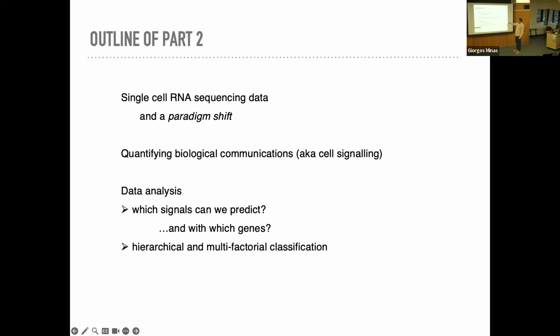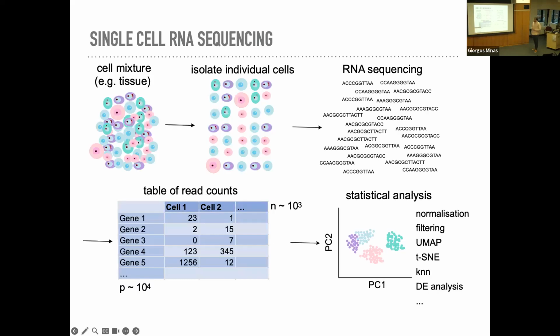How do we use them to quantify biological communications or signaling in biology, and then do some data analysis to see what we can predict with what genes, and also talk about these hierarchical and multifactorial classifiers that we use.